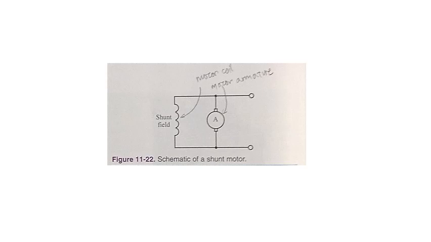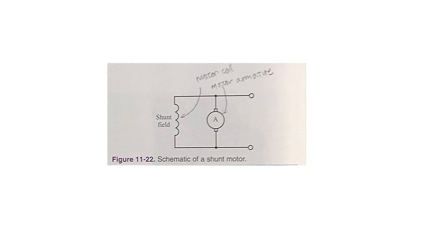In the shunt motor, both the field and the armature are connected across the power line. Under no load conditions, the counter EMF is almost equal to the line voltage. Very little armature current flows, and very little torque is developed.